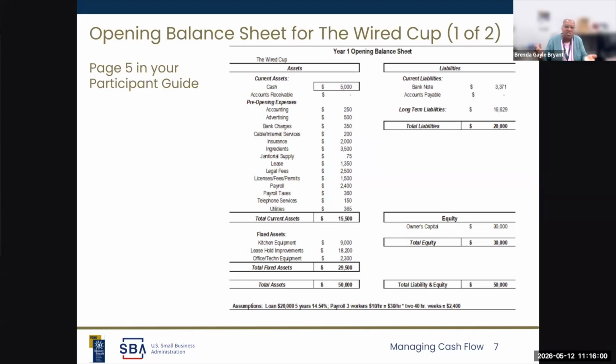So again, the balance sheet has to balance: assets equal liabilities plus equity. Don't get confused over this. Just remember that my balance sheet tells me where my business is as of a particular day.